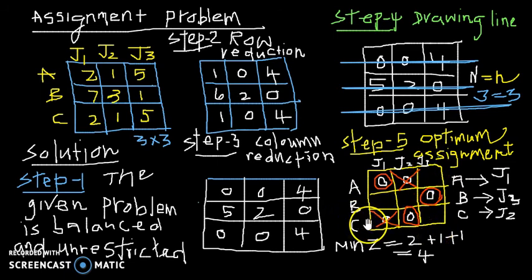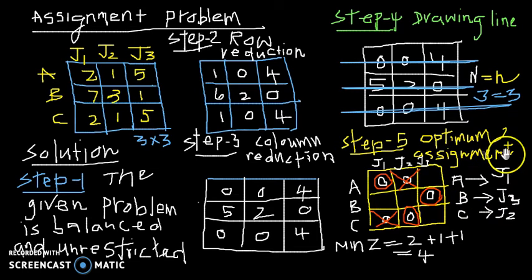Now the last person also has only one assignment because this has already been struck out. Here also struck out. So C person can be assigned to J2. So the assignment is: first person, A, to first job, second person, B, to third job, and third person to second job.